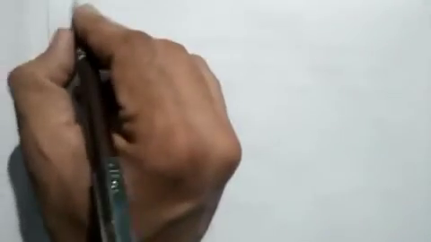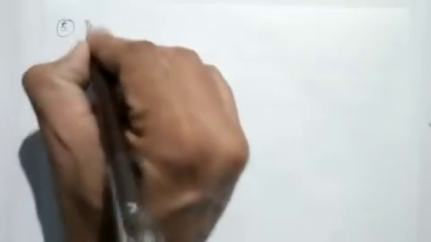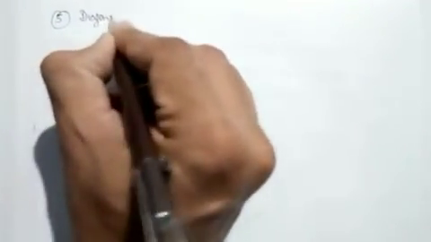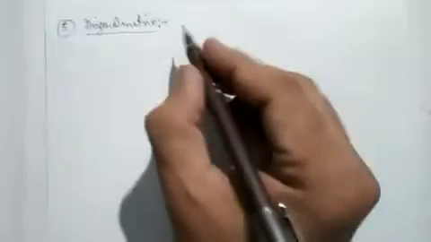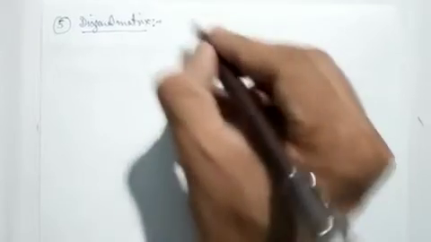Next one is the diagonal matrix. Sorry, this is the fifth one. Diagonal matrix. As its name indicates, diagonal elements. The diagonal matrix is a part of the square matrix.